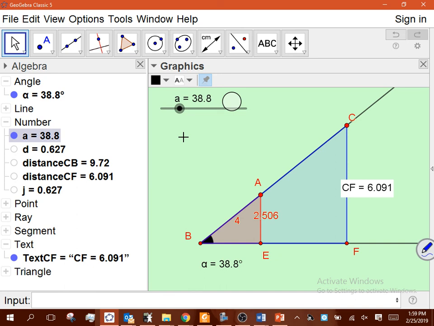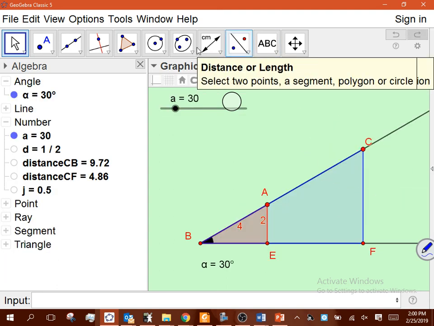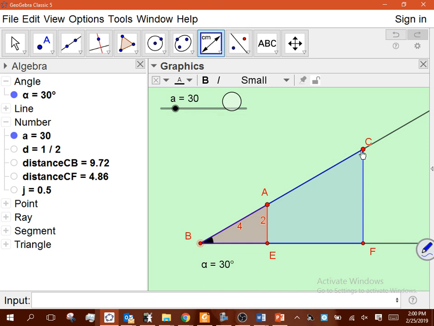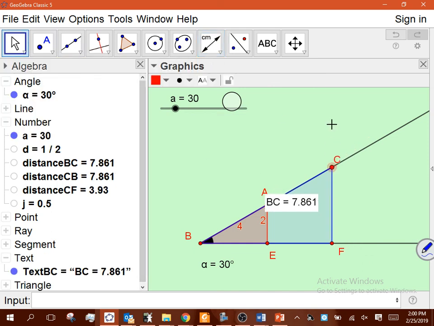Okay, so that is giving me the ratio. I'm going to do this real quick. I'm going to hide this number for you. Take that number right there, 7.861. Type that in your calculator.